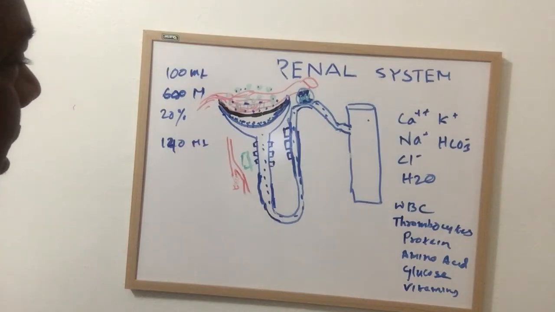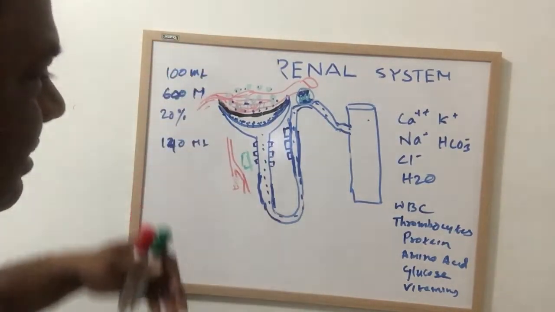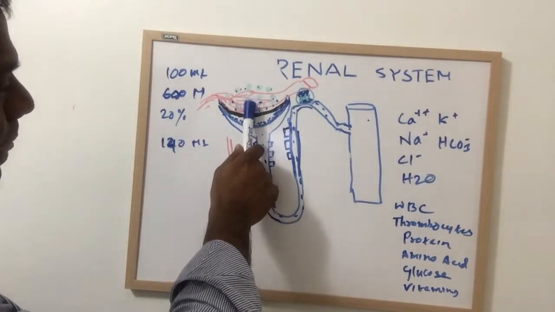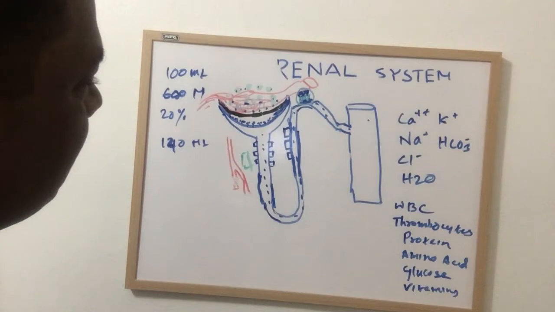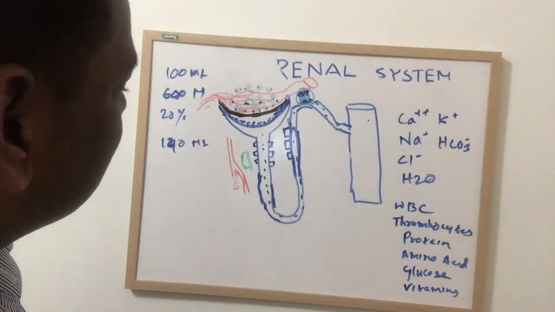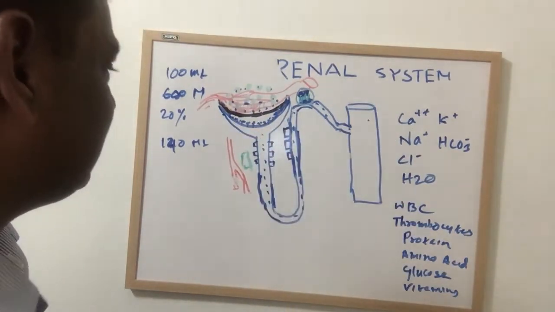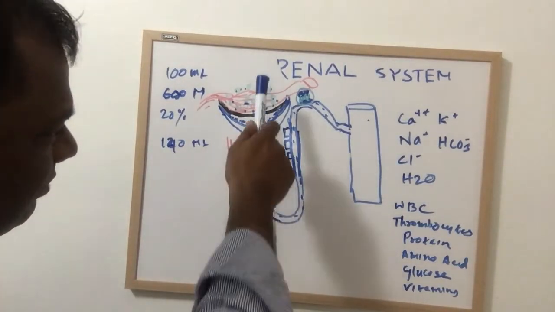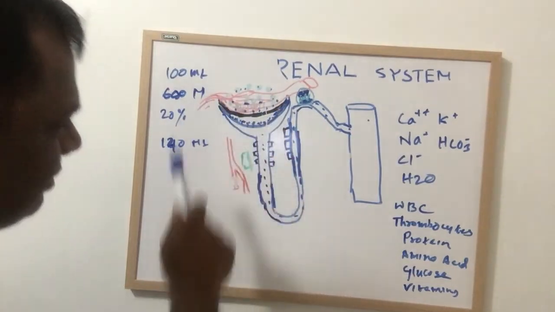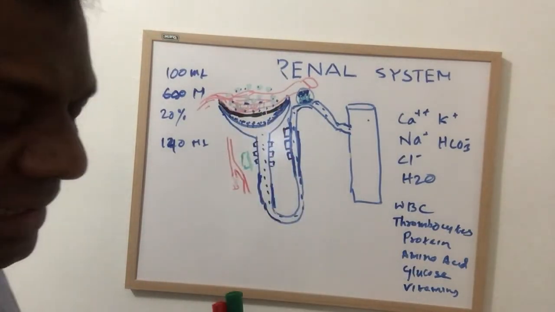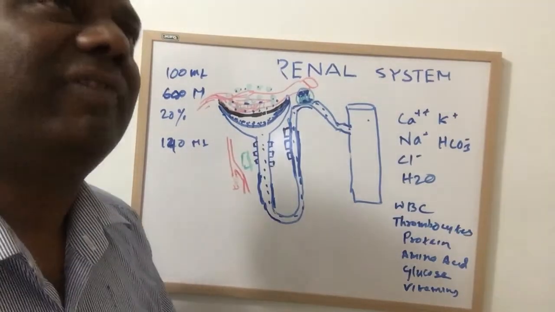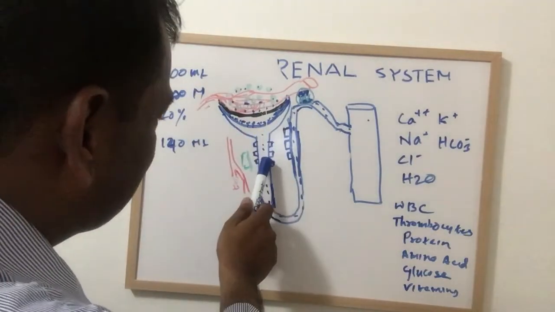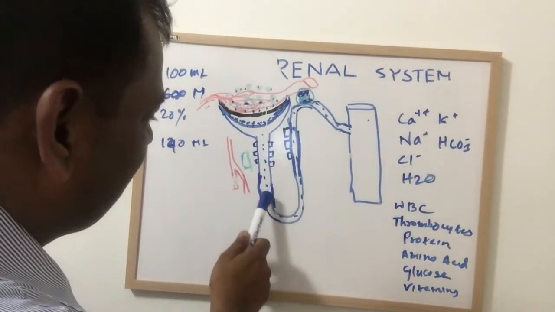When they enter, this area gets altered by some cytokines. Then they can enter, and they are negatively charged. So negatively charged molecules can enter, but they cannot be filtered. They just slip into it and come here. But eventually they can be reabsorbed, or sometimes they go into this area.